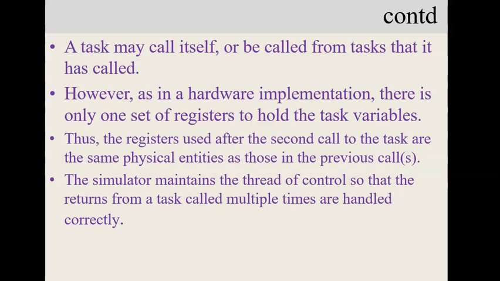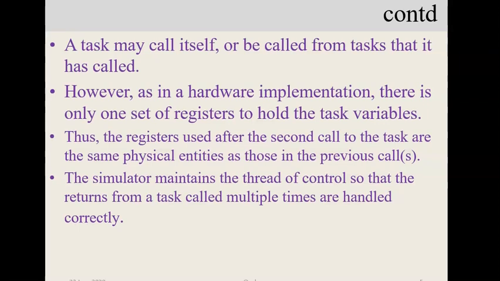Suppose I call a task twice or thrice, the registers will be the same. The simulator maintains the thread of control, so that the returns from a task called multiple times are handled correctly.